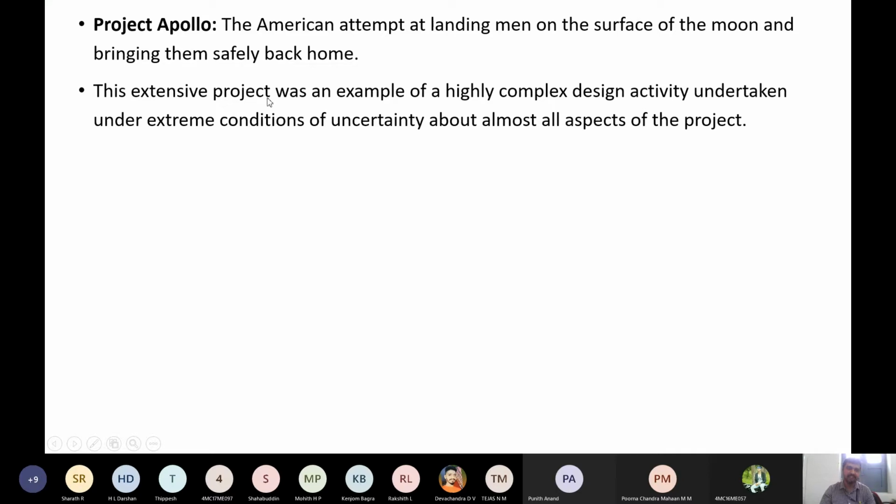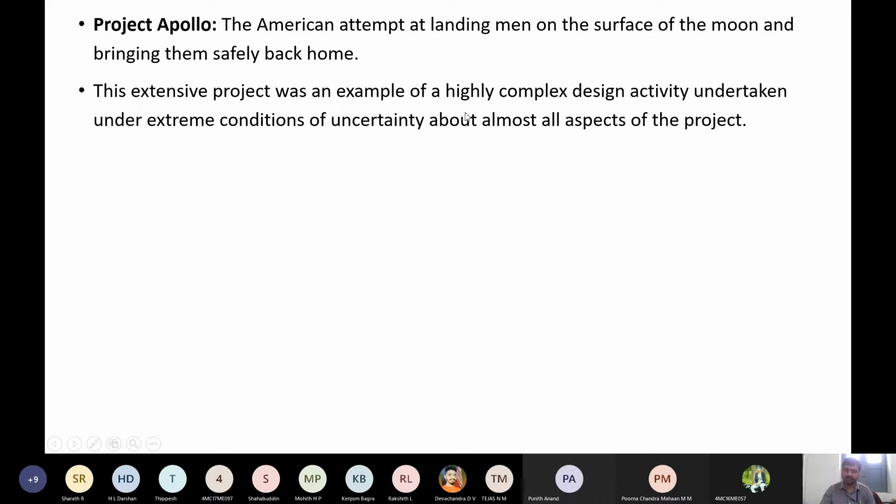This extensive project was an example of a highly complex design activity undertaken under extreme conditions of uncertainty about almost all aspects of the project. The reason was that this was the first attempt to send man to the moon.